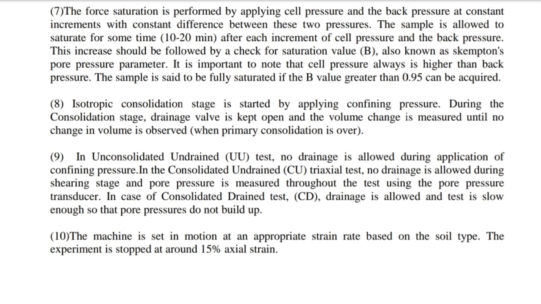In case of the consolidated drained (CD) test, drainage is allowed and the test is slow enough so that pore pressure does not build up. 10. The machine is set in motion at an appropriate strain rate based on the soil type. The experiment is stopped at around 15% axial strain.